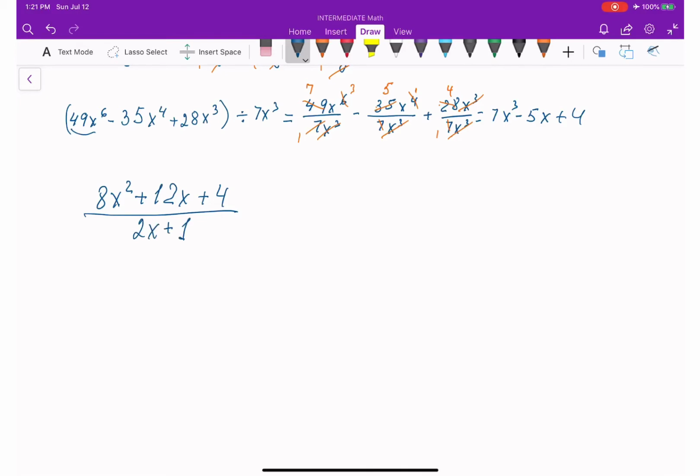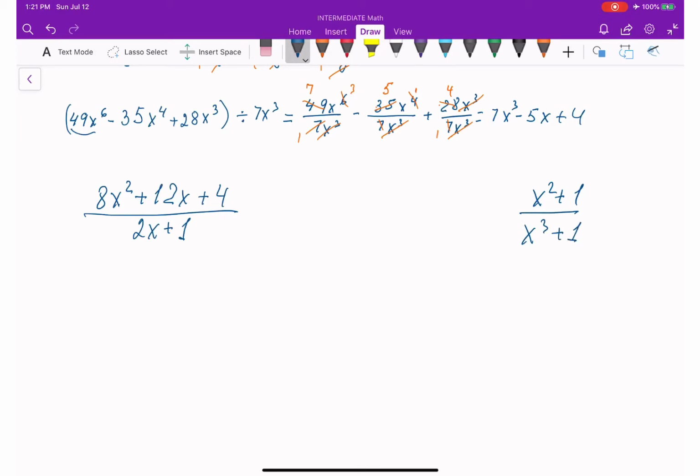Okay, how are we going to solve? First of all, not every polynomial you can divide by binomial. Let's say if I would have x squared plus 1 over x cubed plus 1, I couldn't divide this. Why?